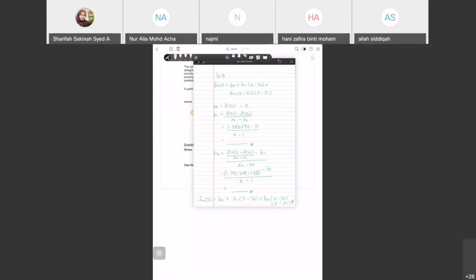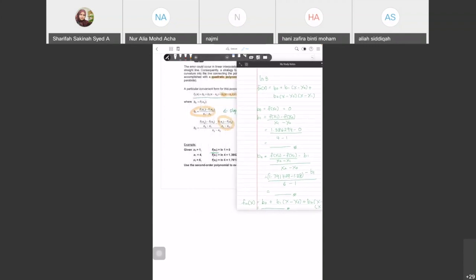Alright, so I give you at least 2 minutes to try to do the calculation for this second order Newton interpolating polynomial. Try to do your own calculation so you get to know how to do it and become familiar with the formula. So I give you 2 minutes to share with me the solutions.